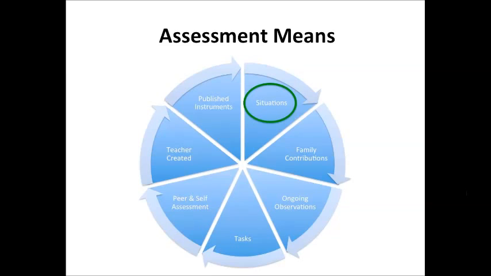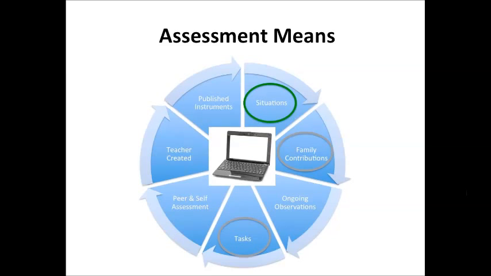For today's purpose, what you'll be reviewing are the situations. Now, all of this information, all the evidence that's collected, is then going to be input into an electronic platform. And this electronic platform is going to help teachers identify where students are within those various progressions and help identify what to do next with instruction.